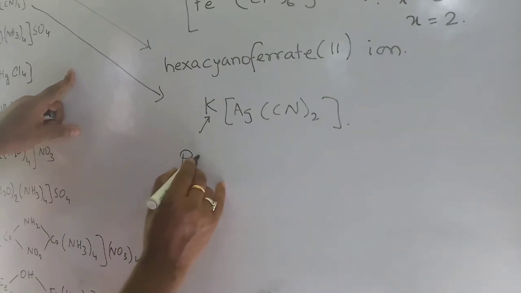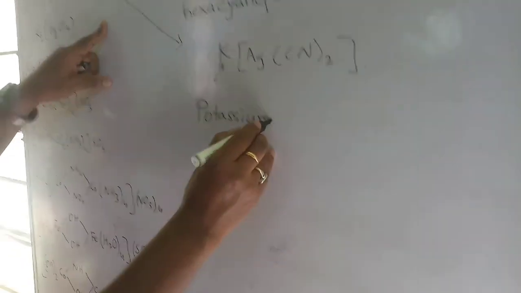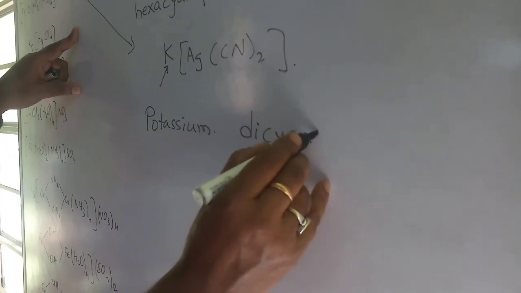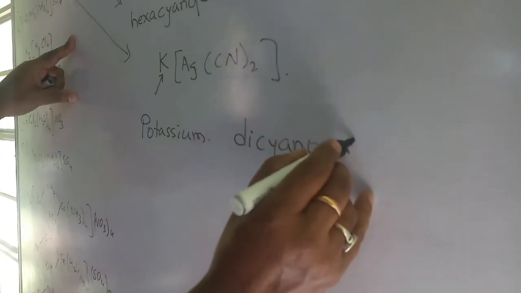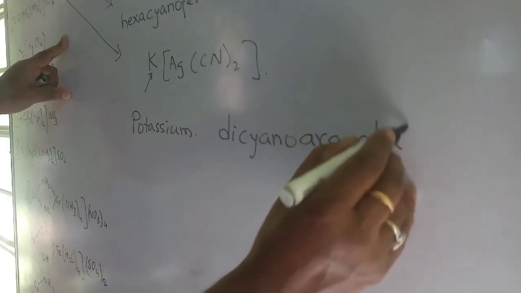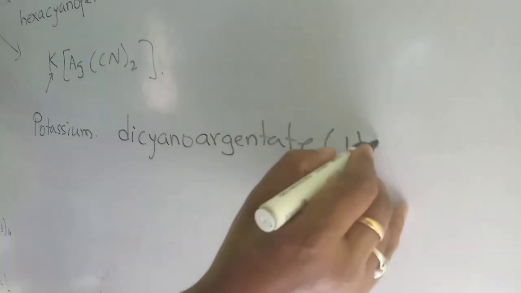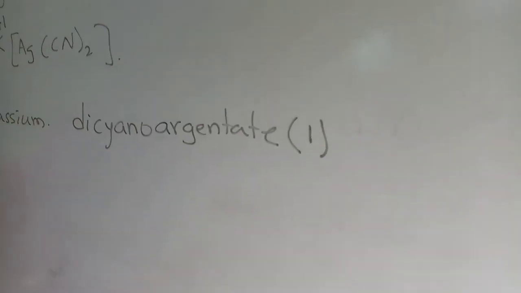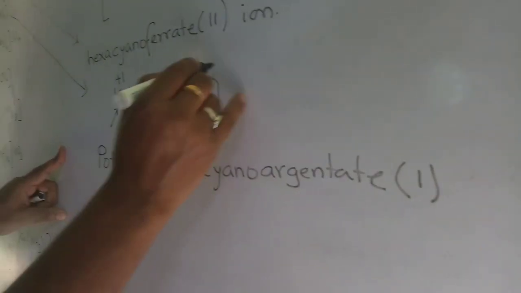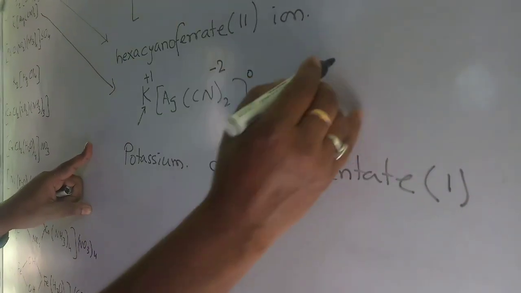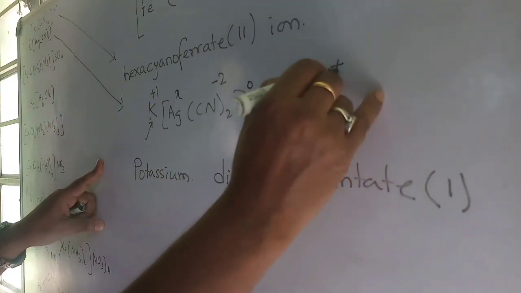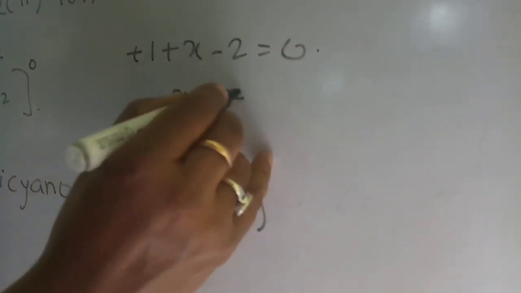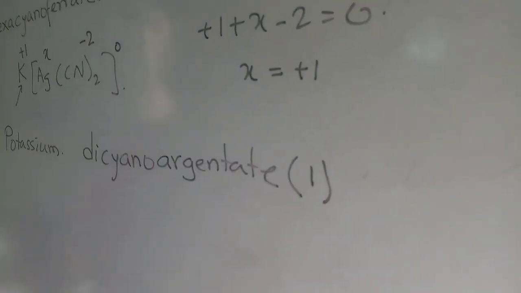So you write potassium, followed by dicyanoargentate(I). Why did I write argentate(I)? Because potassium is plus 1, this is minus 2, and ultimately the total is 0. So plus 1 plus X minus 2 equals 0, X equals plus 1, so argentate(I).